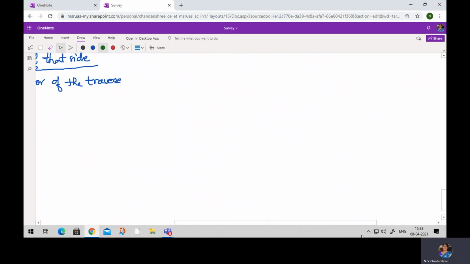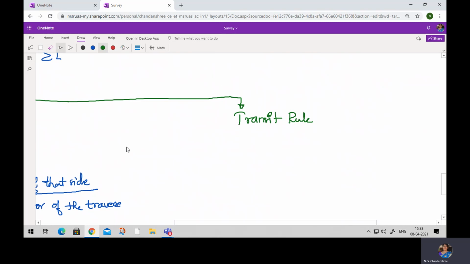Now let us see how to balance the traverse using transit rule.